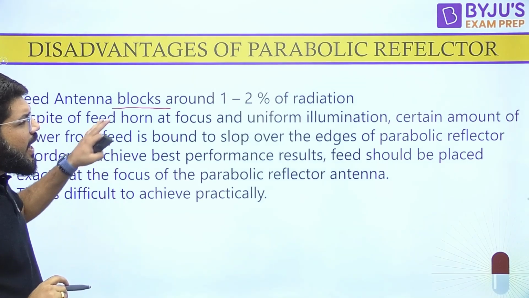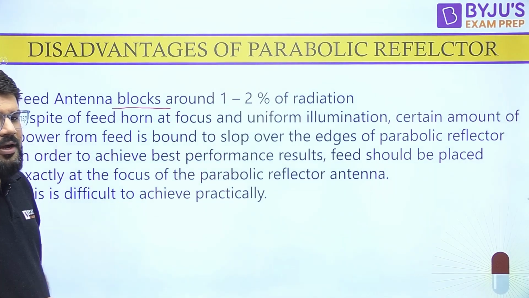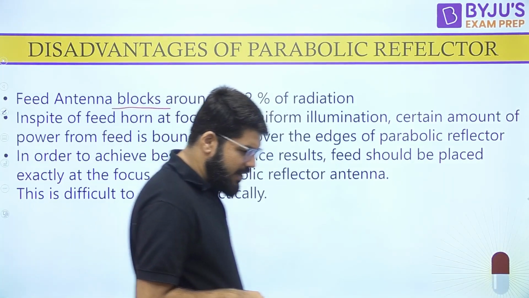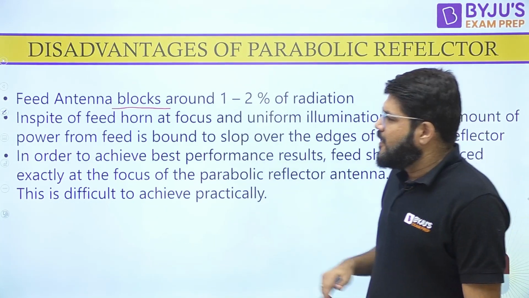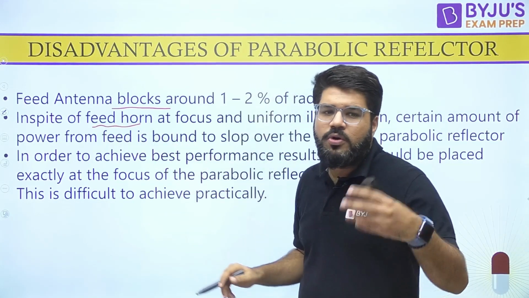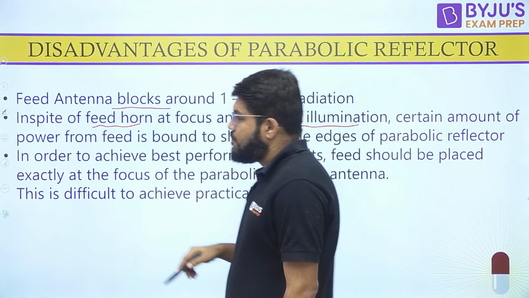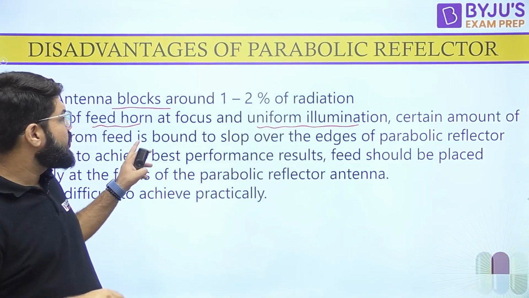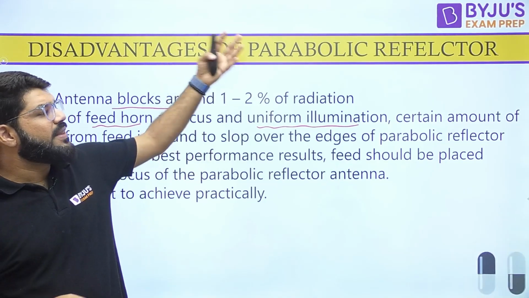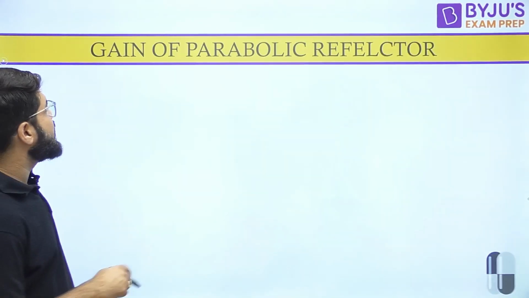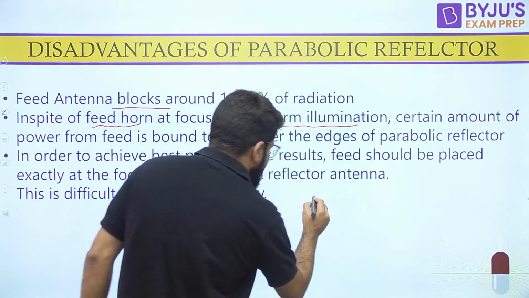And one more very important point. Definitely you use a feed horn. You are not using the dipole. You expect uniform illumination, but a certain amount of power from the feed is bound to slop over the edges of the parabolic reflector. Let's understand something like this before going to the gain.